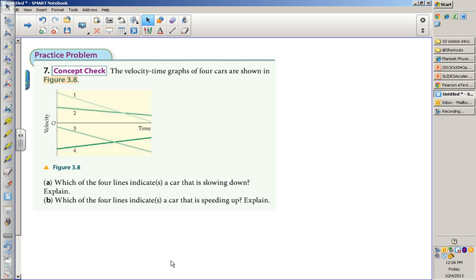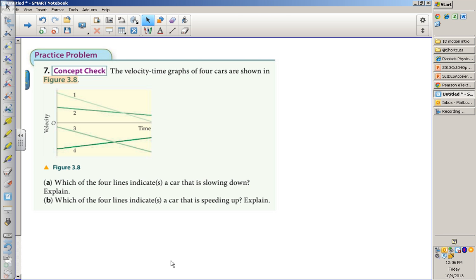It says, the velocity time graphs of 4 cars are shown in figure 3.8. Part A says, which of the 4 lines indicate a car that's slowing down? Part B says, which of the 4 lines indicate a car that is speeding up?